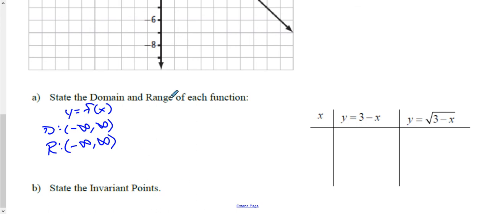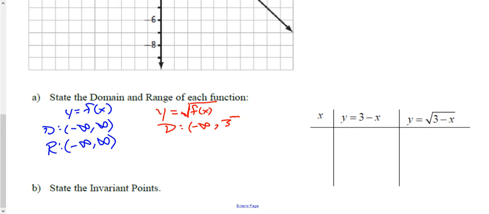On our new graph here, which is y equals square root of f of x, again, this is our new function, and you're square rooting all the y values from the original. So our domain is going from negative infinity all the way up to positive 3.